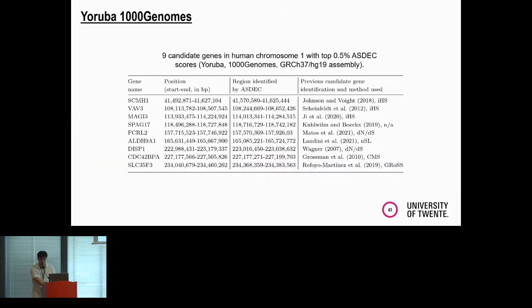Finally, we utilize our S-stack on Yoruba 1000 Genomes, and we identify nine already known candidate genes in human chromosome 1 with top 0.5 TPRs.